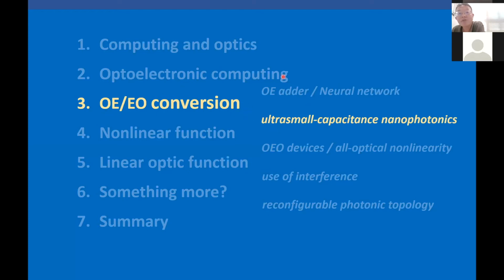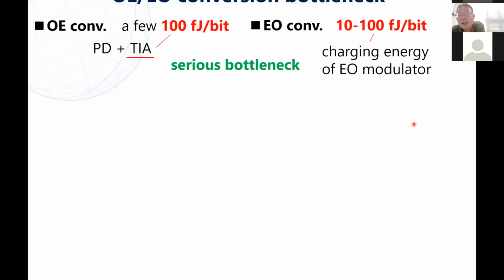And the key point is we use ultra small capacitance nanophotonics. OE and EO conversions are considered the most power-hungry process for optoelectronic integrations. The energy of OE conversion is mainly determined by the transimpedance amplifier after the photodetectors, which consumes several hundred femtojoule per bit.